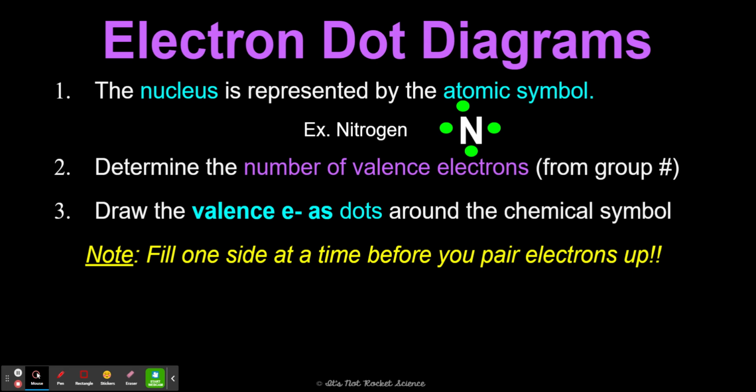We don't pair them until we have to. And I've still got one valence electron, which means I need to pair it. So I'll do it right there. Now, which side I pair up doesn't matter, just that you don't pair them until you have to. Okay, so that is a Lewis dot structure or electron dot structure of nitrogen, just like that.